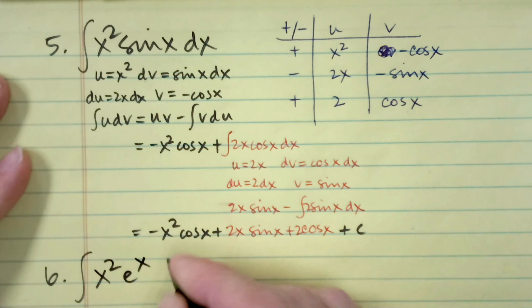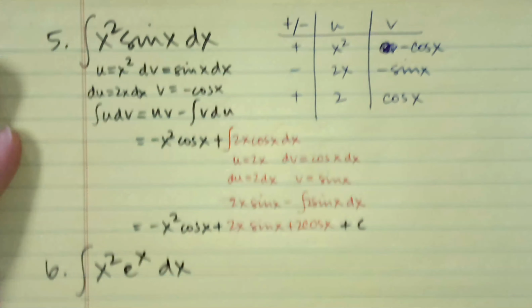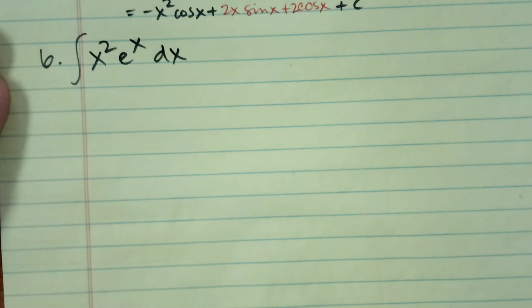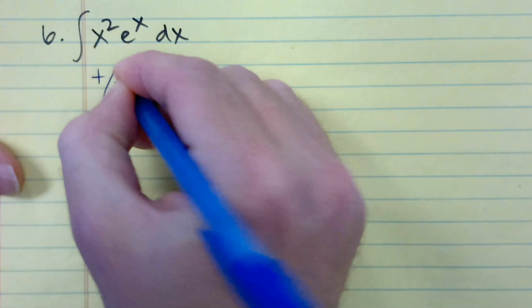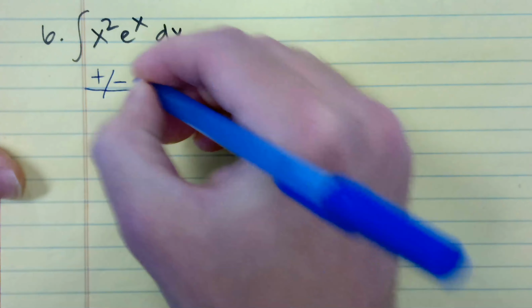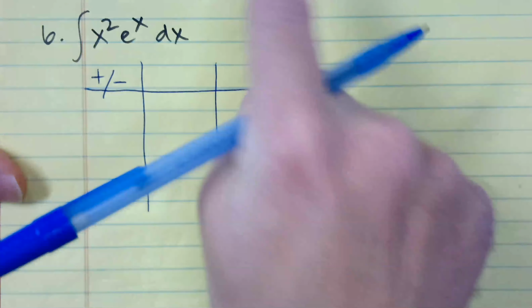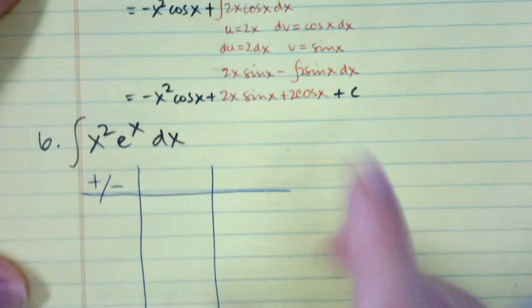Okay, now x squared e to the x. That's the same story. And in fact, I do think that we did this one in quite a bit of detail. This was the one that we did in the examples in the class that showed us that sometimes this was necessary. So I'm just going to do that. If you want the full detail using what I did over here, you can just go back to the lesson.